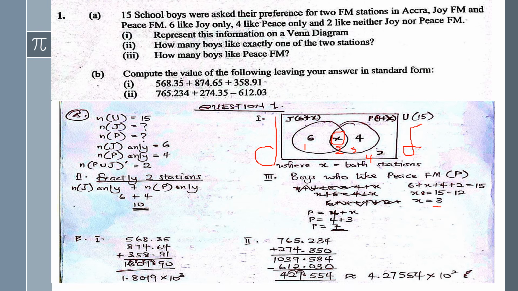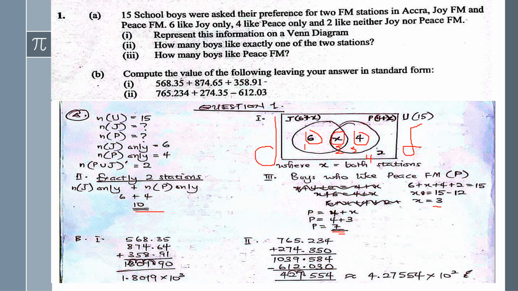We then use this to find II, exactly one of the two, where we have Joy only 6 and Peace only 4. So we add these two and we have 10. And then II says how many like Peace as a whole, that is X plus 4, where X is 3, so 4 plus 3 is going to give us 7.